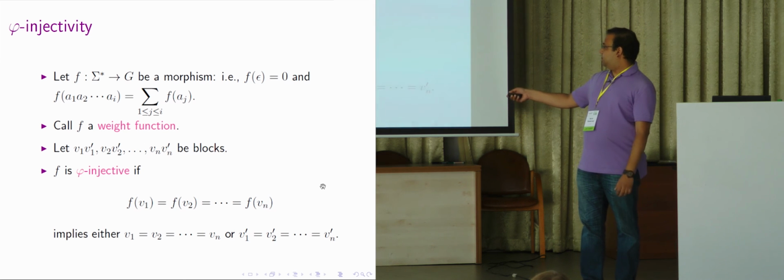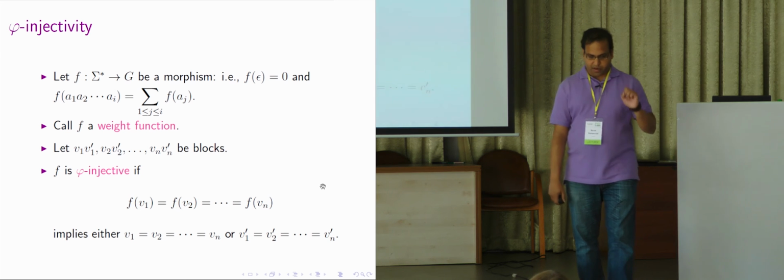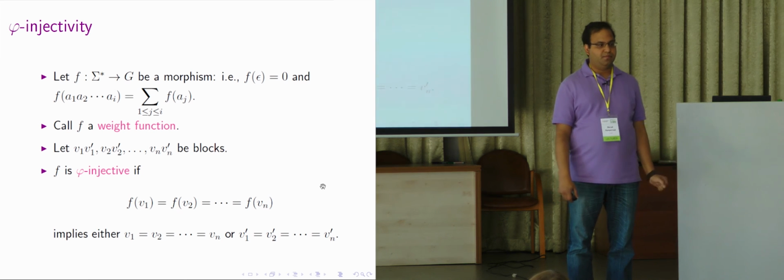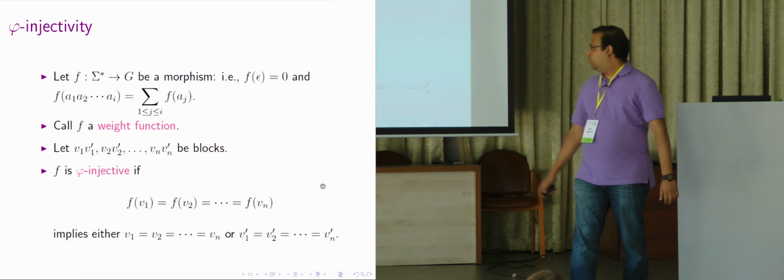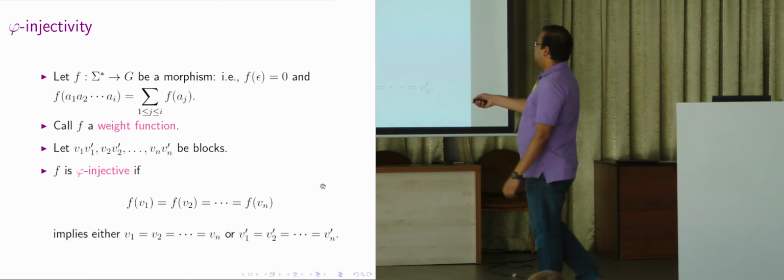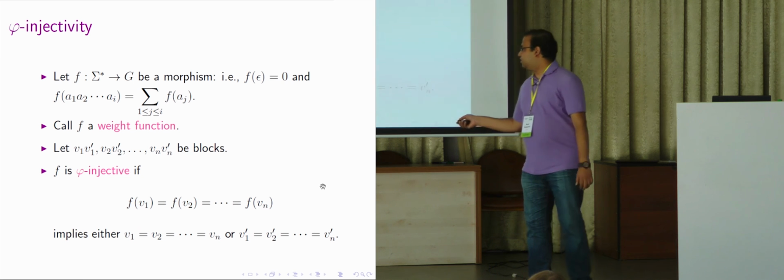So now let's look at some collection of blocks, and I've cut each block into some prefix and some suffix. You can see v1, v1 prime. One more definition: this weight function f is called phi-injective if it has the following property.